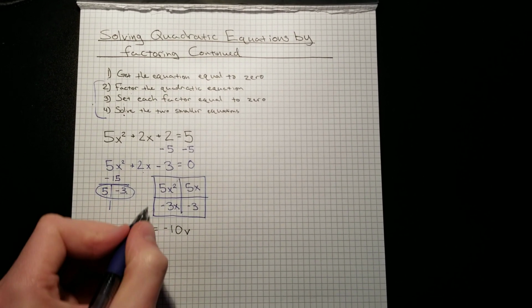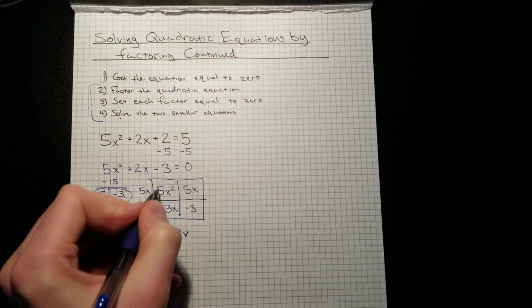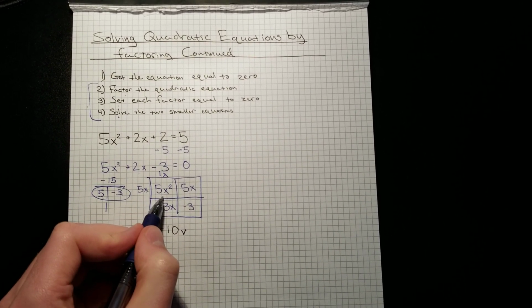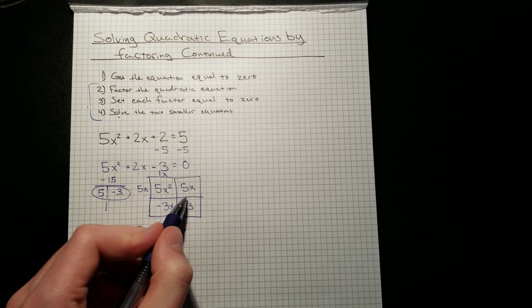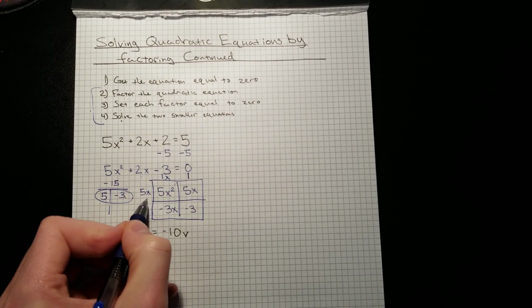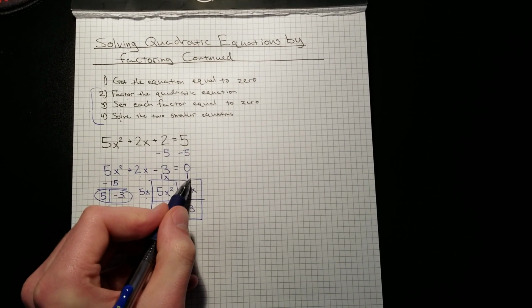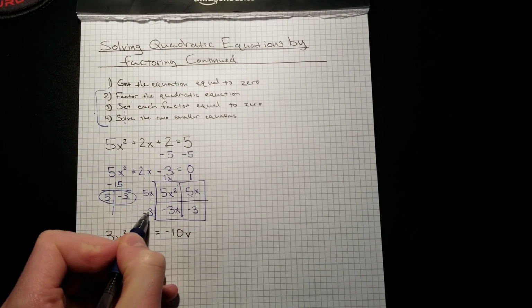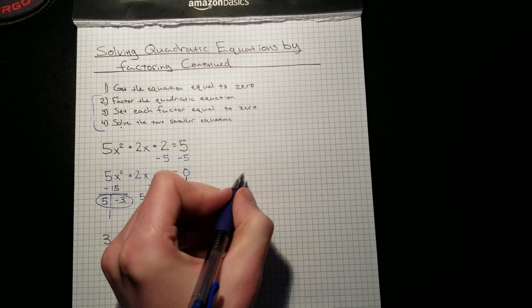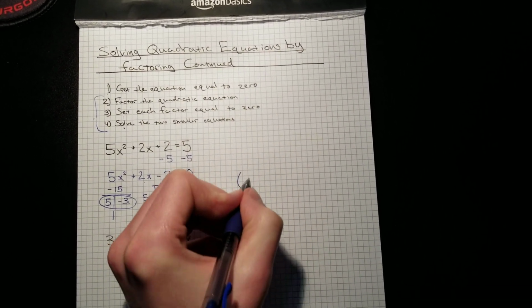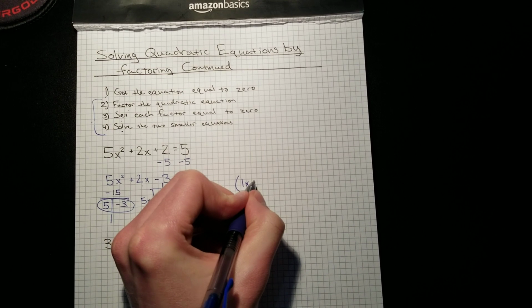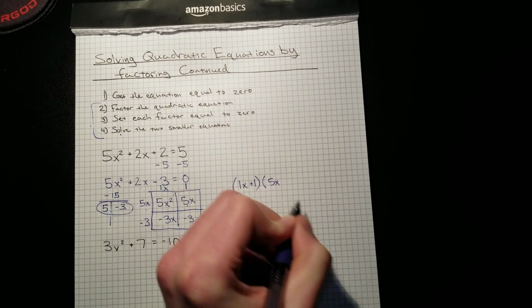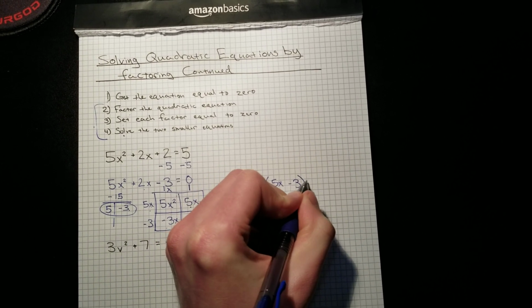Now we're going to factor this. So I'm going to put a 5x here and a 1x here. 5x times 1x is 5x squared. 1 times 5x is 5x, so that number goes there. And 1x times negative 3 is negative 3x. So that means that our factored form is 1x plus 1 times 5x minus 3.